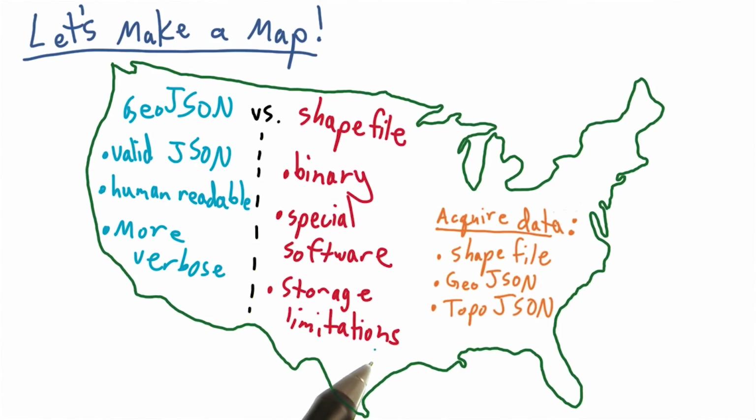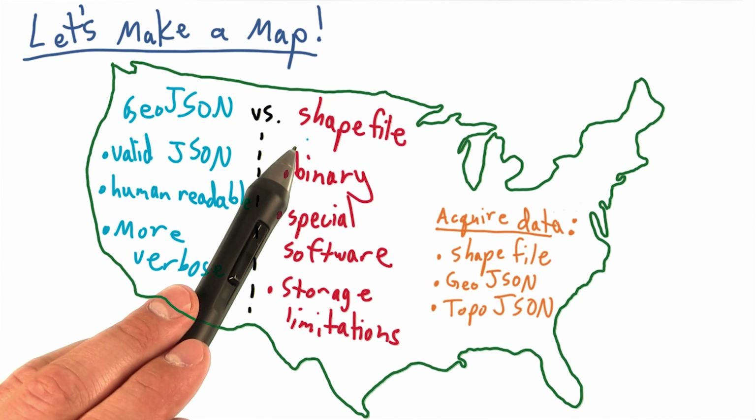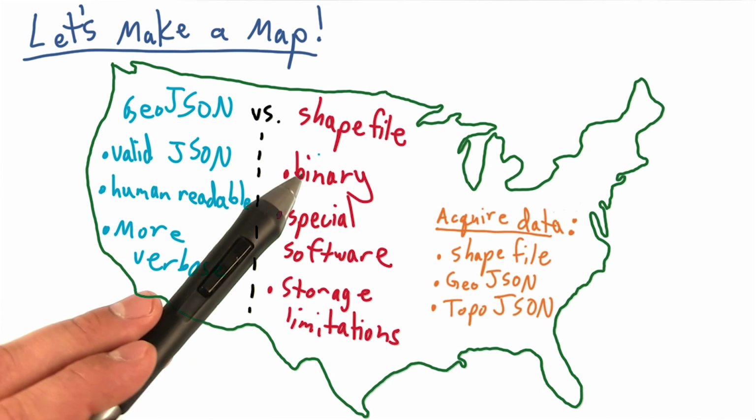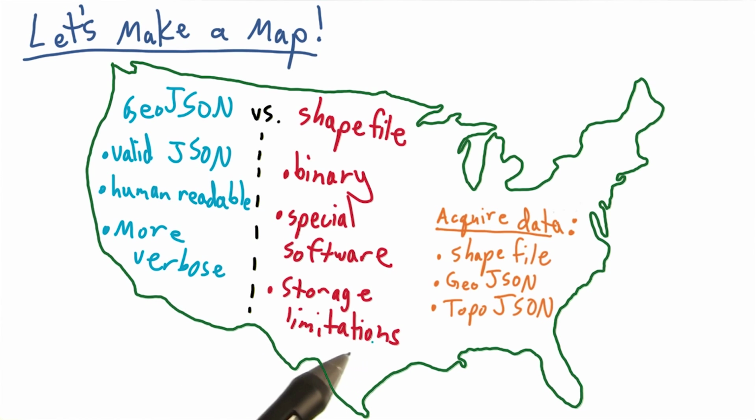And one of the final issues I want to go over with shapefiles is they can have some storage limitations in the number of properties you can attach to given shapes, such as names or other data, and shapefiles are limited in their maximum file size, limiting how precise the coordinates and the shape of the map can actually be.